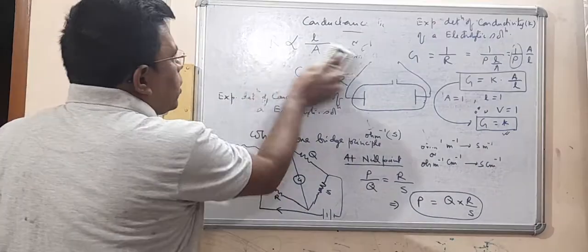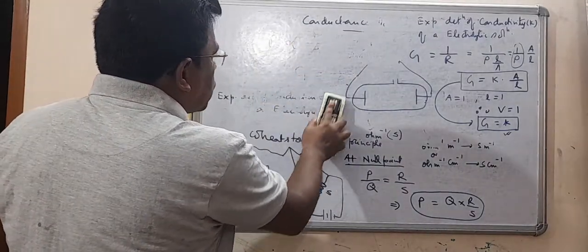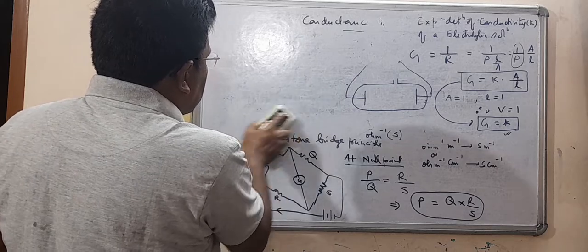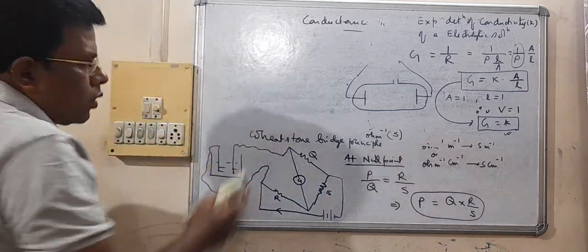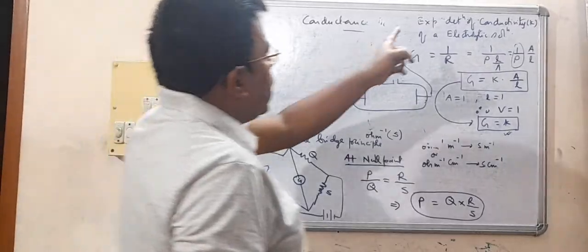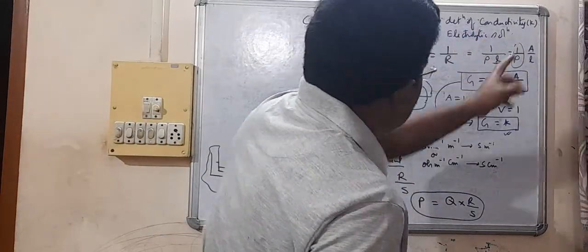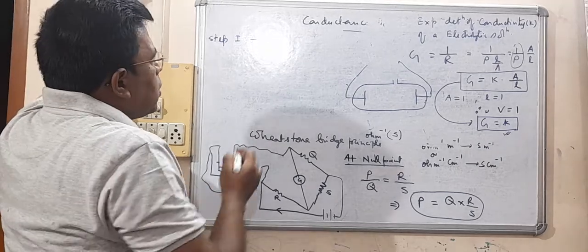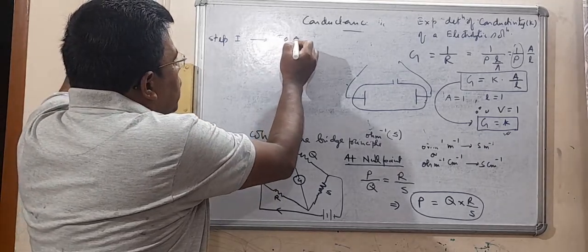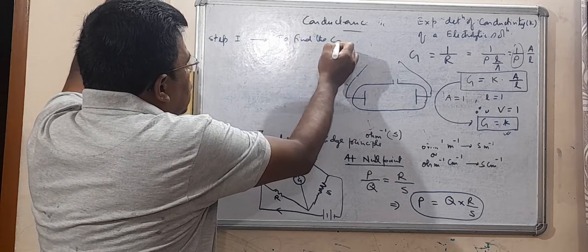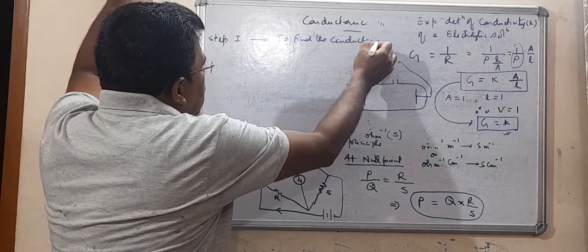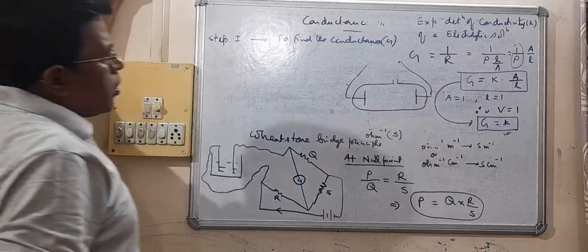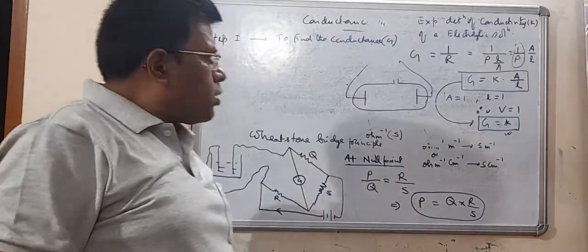In the experimental determination of conductivity of the electrolytic solution, step 1 is to find the conductance G. How to find conductance, we have already discussed.